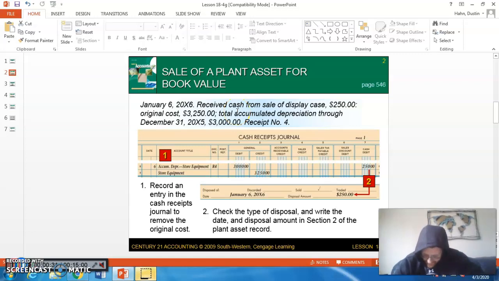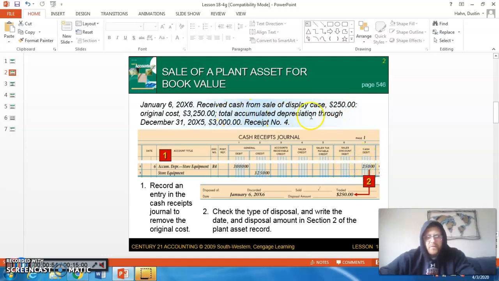On page 546 in your book, here's where it talks about the sale of your plant asset for the book value. If you received cash from the sale of your display case, that's the asset you are getting rid of, this is how much you received. That's your $250, the check that you received for it.